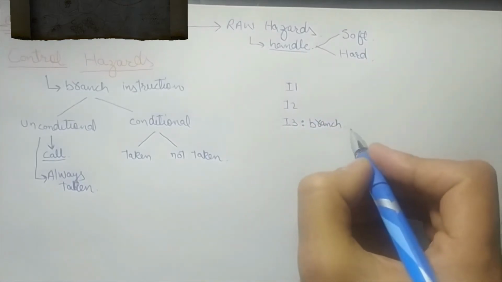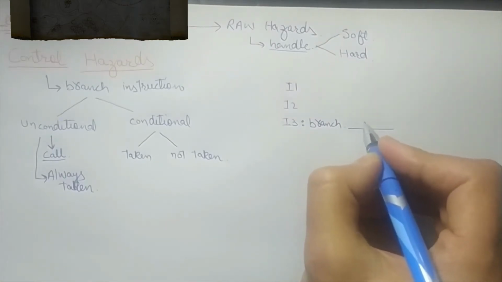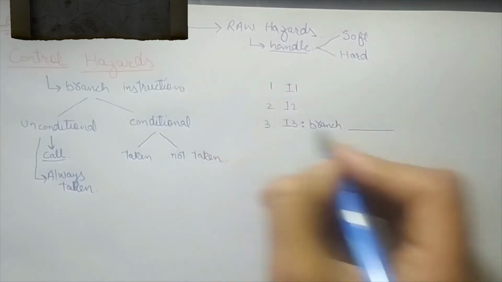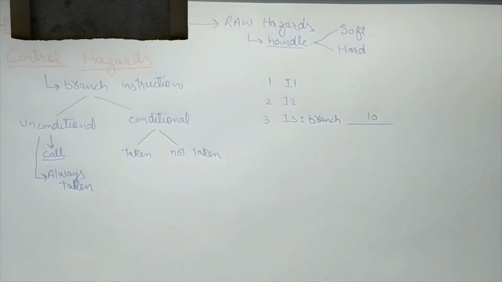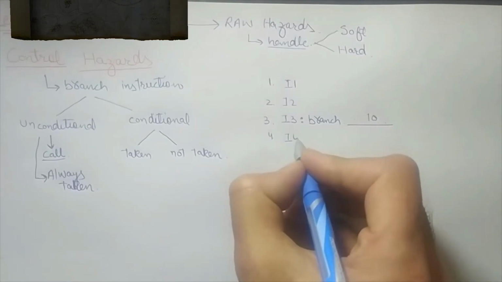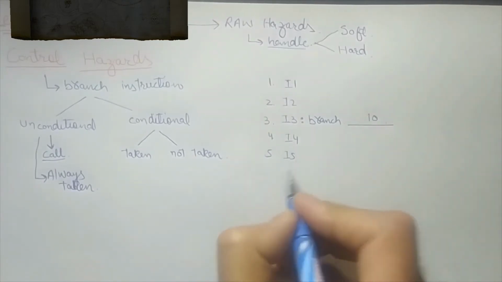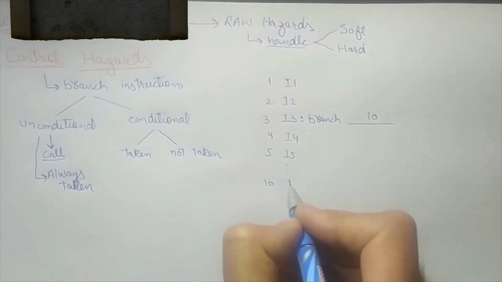Let's say the addresses are 1, 2, 3, and the branch target address is 10. At address 4 we will have instruction I4, at address 5 we will have instruction I5, and so on. At address 10 we have instruction I10.